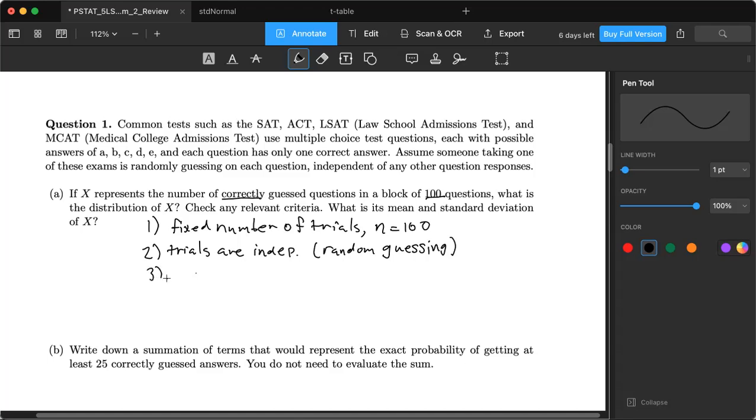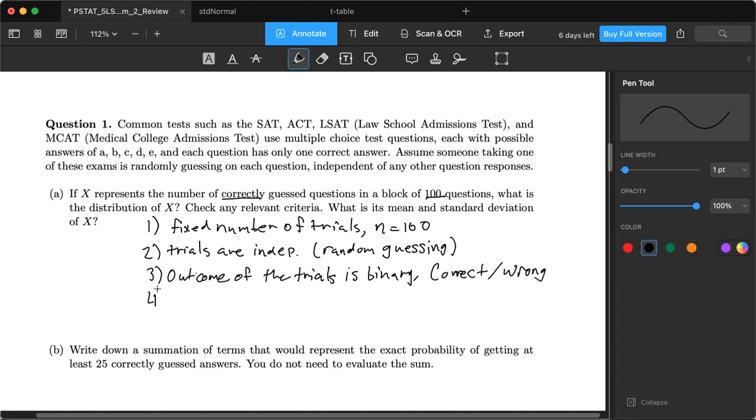The third is that the outcome of the trials is binary. So we either get the answers correct, or we get them wrong.